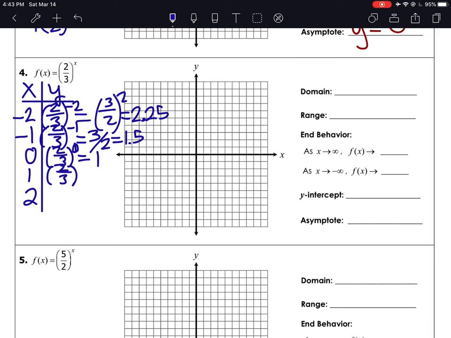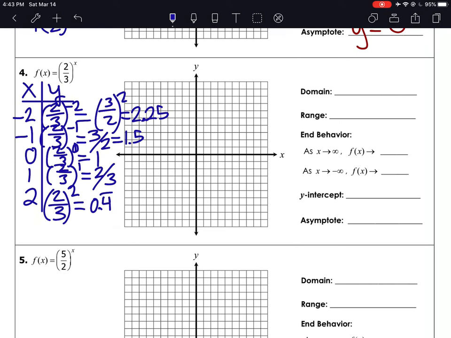Anything to the first power is the same, 2/3 being approximately 0.6 repeating. And 2/3 to the second power is 4/9, and 4/9 is approximately 0.4 repeating.